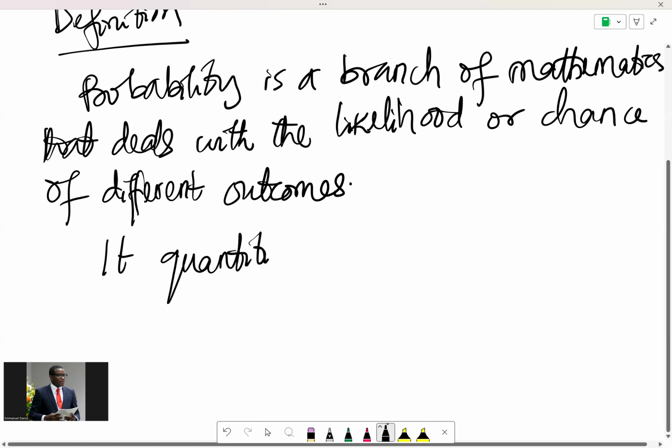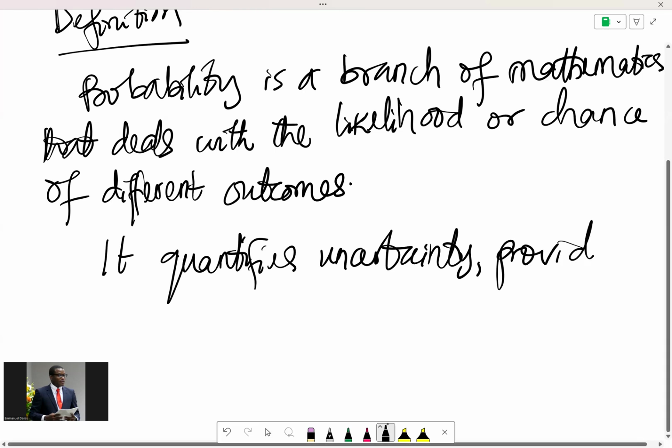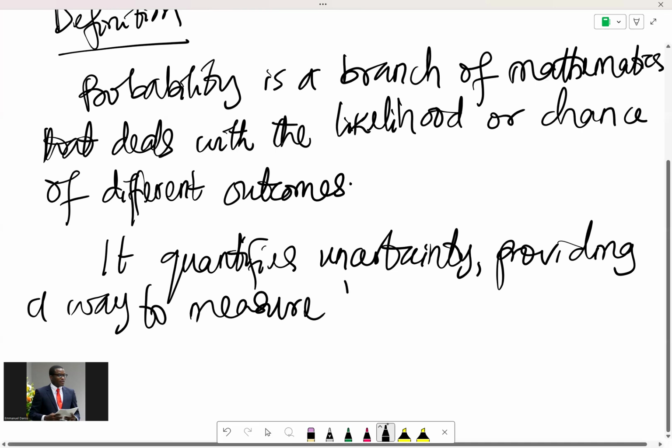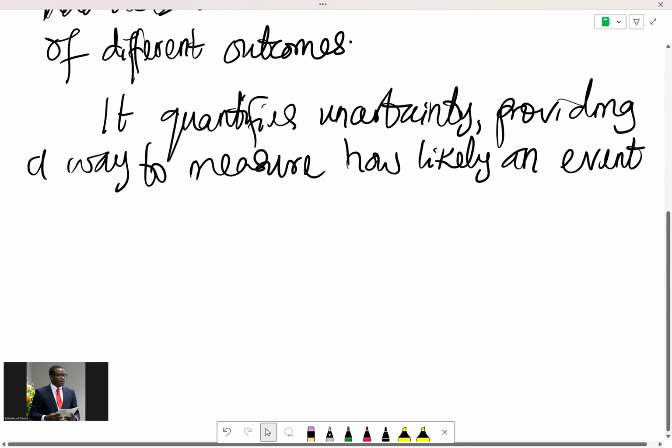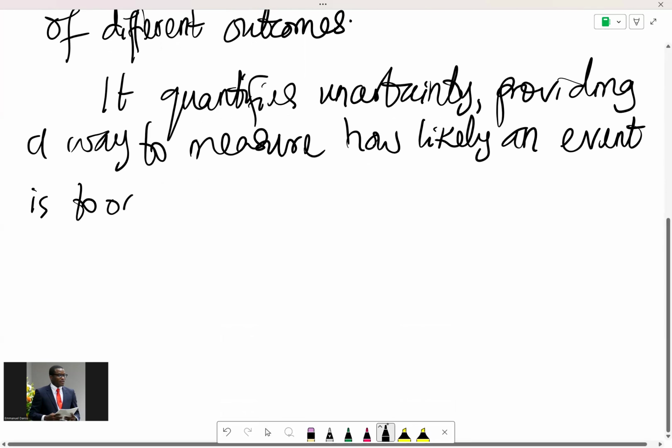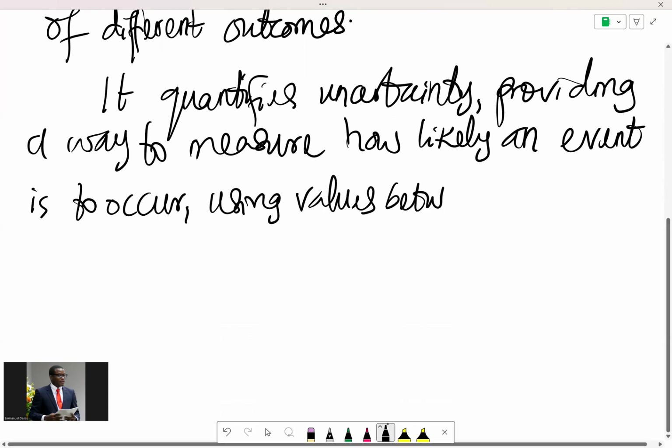So probability quantifies uncertainty, providing a way to measure how likely an event is to occur using values between zero and one.